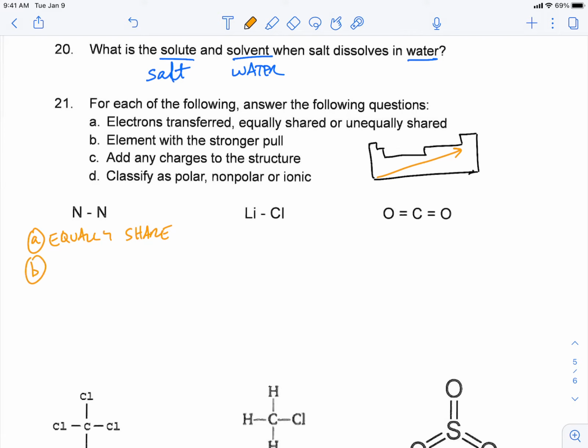For which element has a stronger pull, I would say you could say either none or you could say nitrogen. Both would probably be correct. For this one, we would have no charges present because the electrons are being equally shared. If you have no charges, that means it's going to be a non-polar molecule.